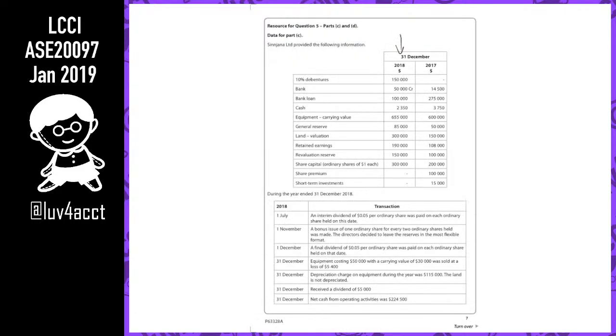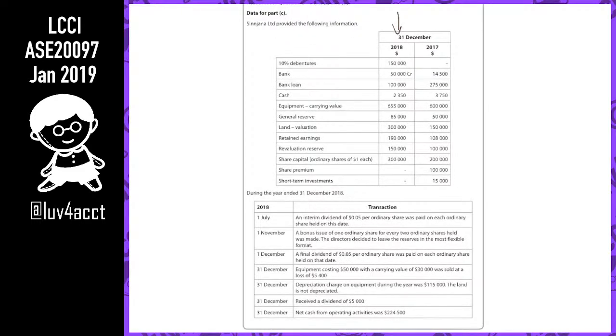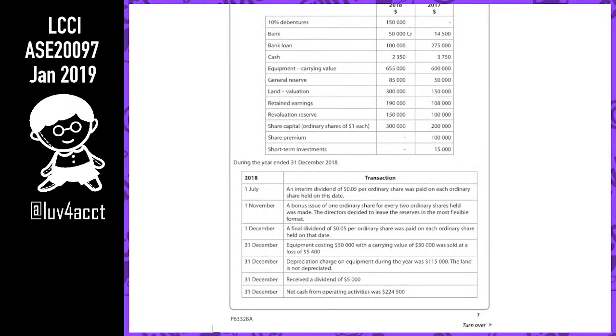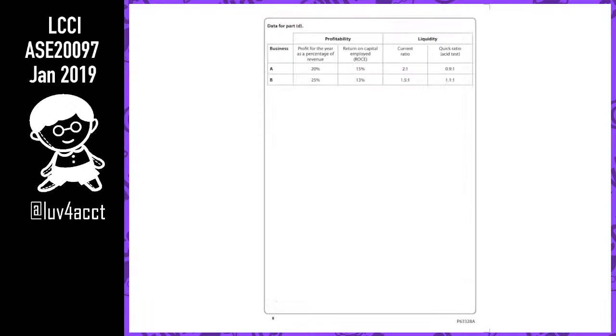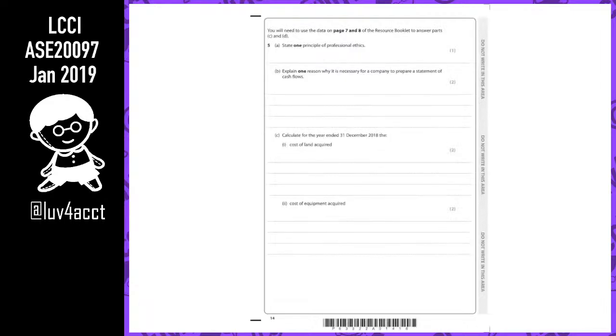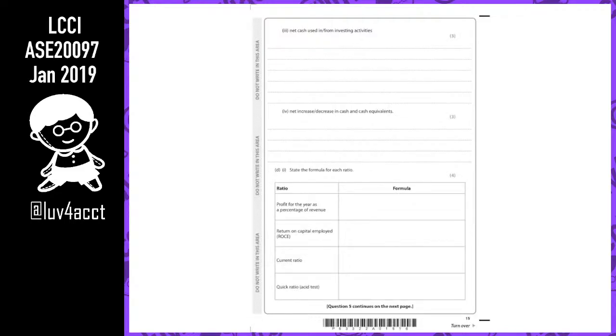So we have two balances, year 2017, year 2018, and then some transactions. We have been doing it too many times. I think you should be quite familiar and quite confident by now. And some profitability and liquidity stuff for the evaluation question. I guess this question will have more marks.